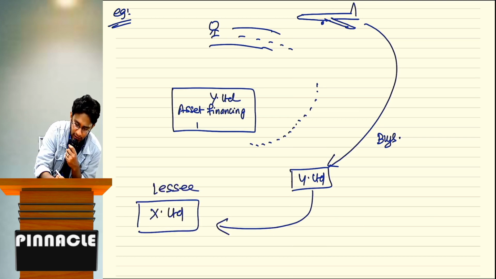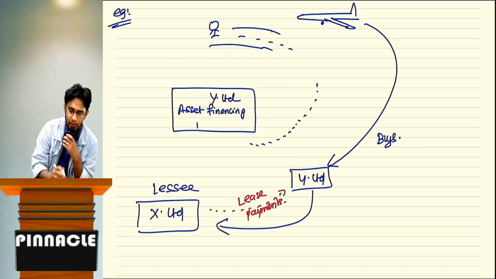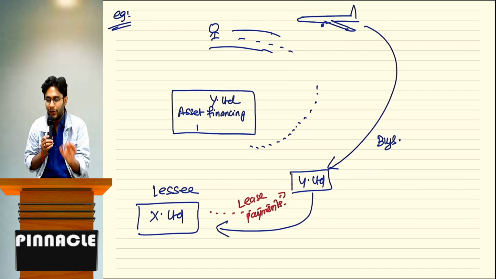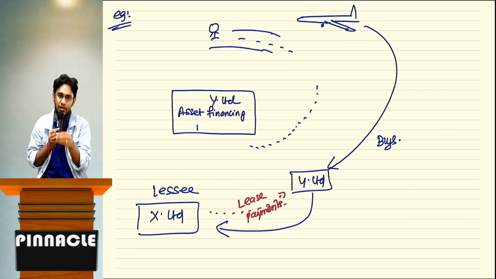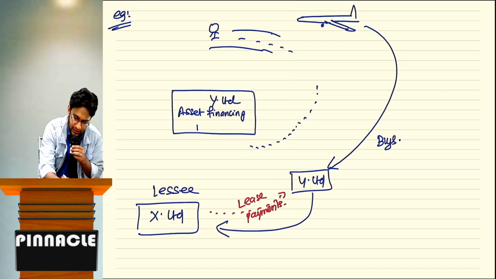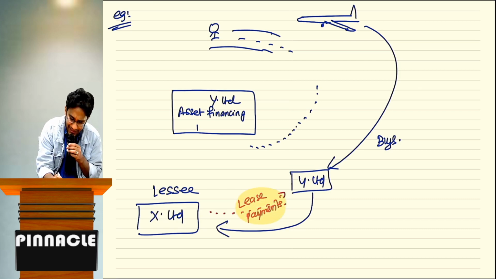And this boy has to pay lease rents or lease payments every year, as is standard. So observe, sir, Y Limited bought the asset using its own money, correct? And it is collecting the recoveries from X Limited, the lessee.